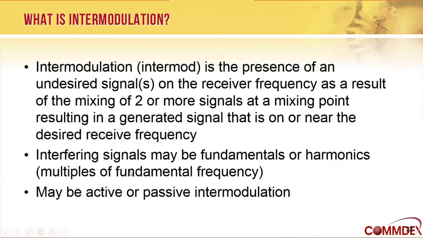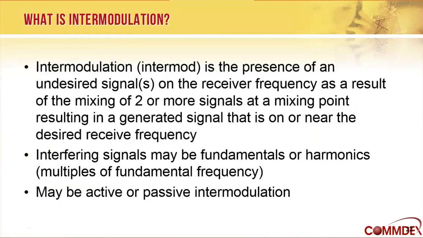So that was transmitter noise and receiver desense. Two different effects, but really the same cause and some of the same solutions. So now we're going to talk about intermodulation, or intermod. Intermod is a type of interference that has to be generated locally.